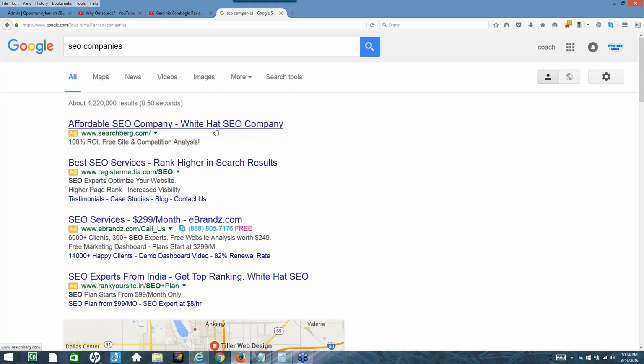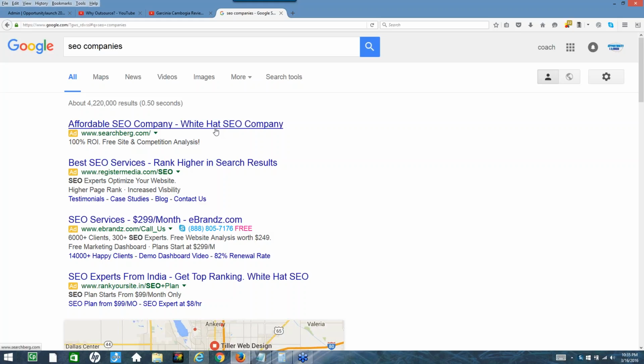Black hat means you do something that is going to show up really fast, but it's not going to last. Eventually, Google realizes that there are people who are trying to figure out how to get organic SEO and trick their system and so forth. So with that, that's called black hat. No, you're not going to jail or anything like that.